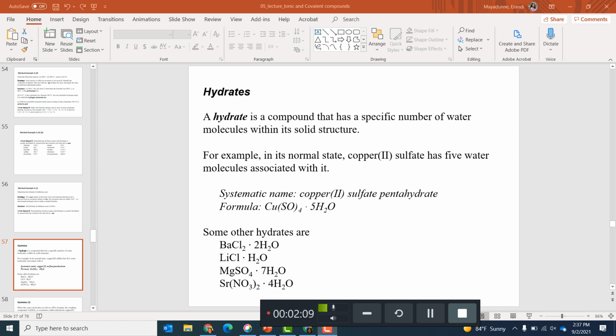Lithium chloride monohydrate, magnesium sulfate heptahydrate, strontium nitrate. How do I know? No, forget about it. Strontium nitrate. It's not two, because strontium always forms only one type of cation. Strontium nitrate tetrahydrate.